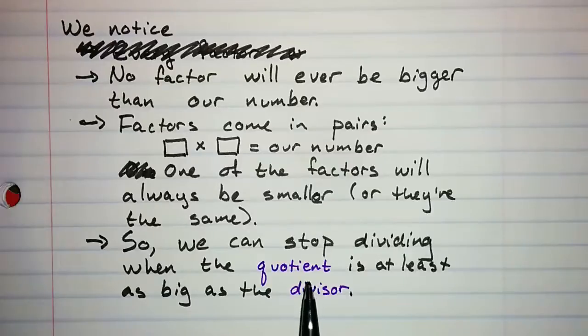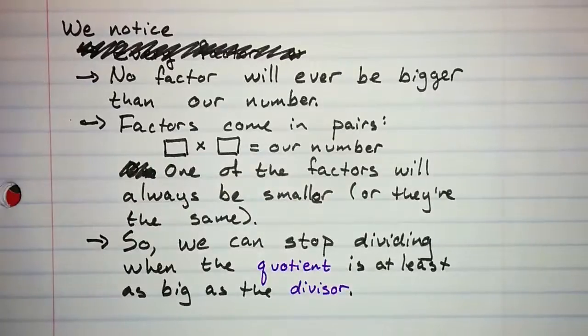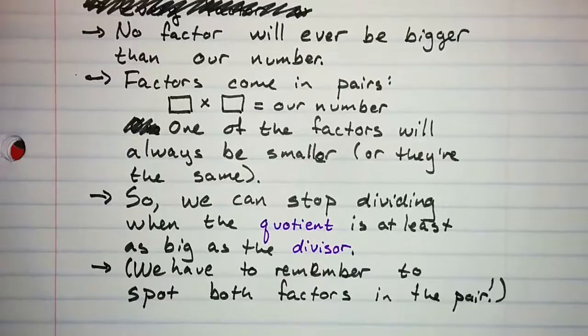This is going to seriously cut down on how long it takes us to find all of the factors of a number. We just have to remember, we're using this fact that factors come in pairs. We have to remember to spot both factors in the pair.